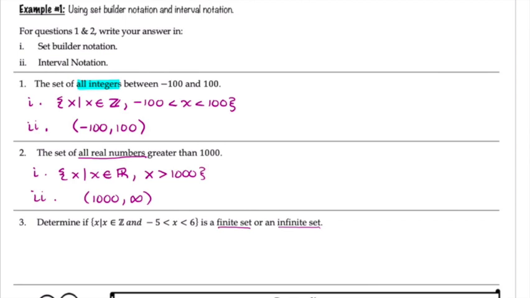So for number 1, this would be considered a finite set because we do have an end. For number 2, we have an infinite set because it is going on towards infinity, never ends.